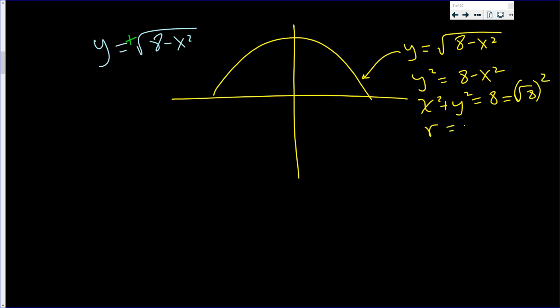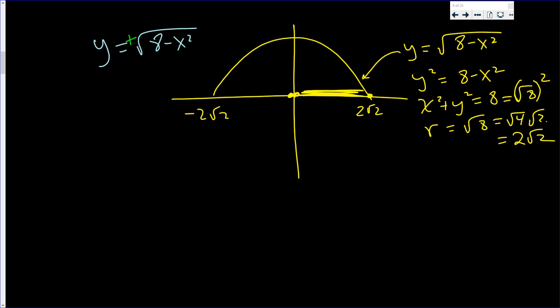So the radius is the square root of 8, which is the square root of 4 times the square root of 2, that is 2 radical 2. This is 2 radical 2, and the other one is minus 2 radical 2, because that's the center of the circle, and that's the radius. That must be 2 square root of 2.